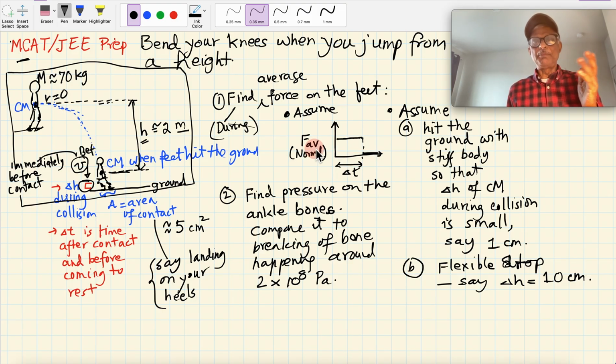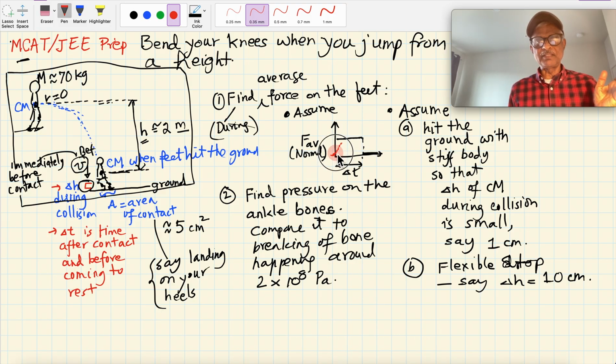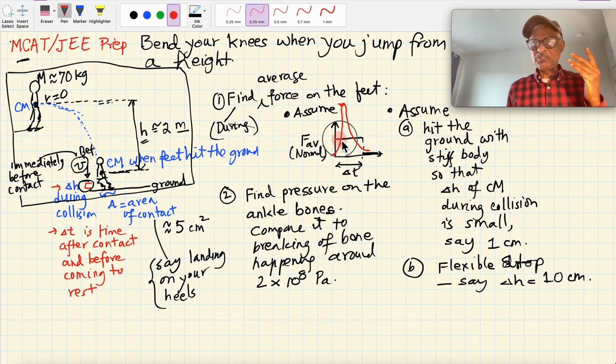So it was probably nothing before you hit, and then suddenly it peaked up, and maybe as you relaxed, it's more like this. So it's pretty high here, and that's where the bone probably breaks. Okay, but we're just going to do the average. This problem is about the average, and this profile is not given to you, so you can model what the function will be.